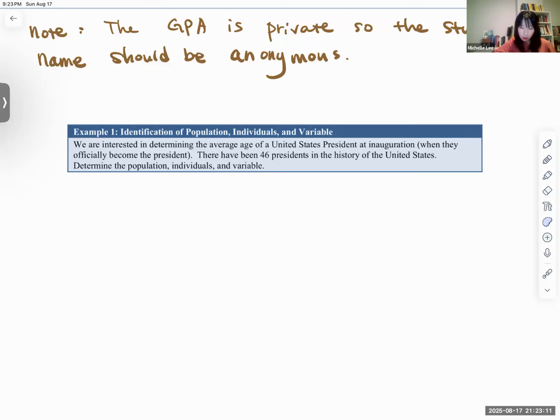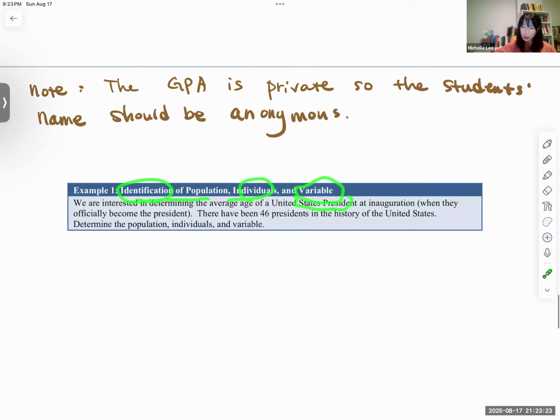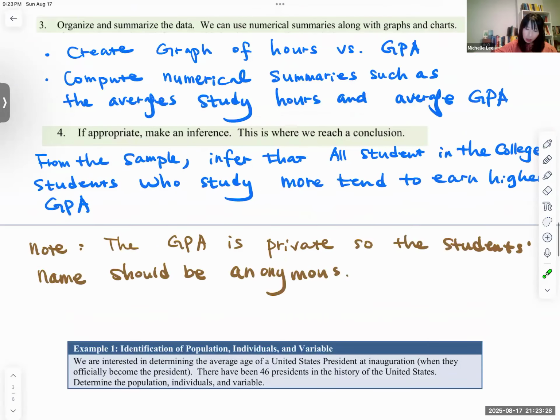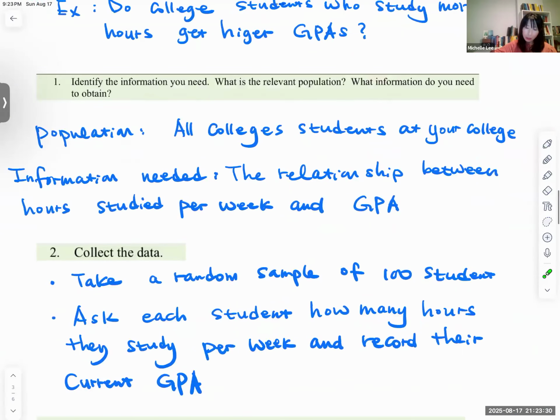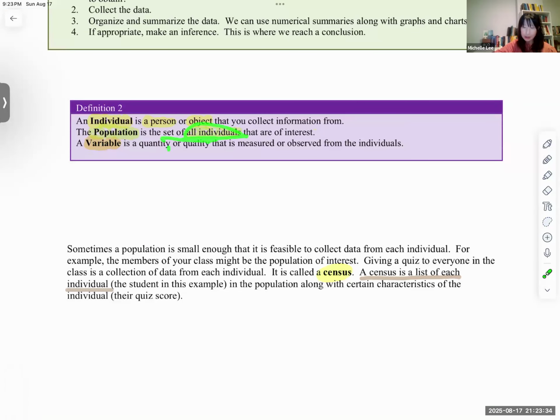Okay, so let's talk about this example, identification of population, individual, and the variable, right? So we talked earlier, let's recall, what is population? Population is set of all individuals.